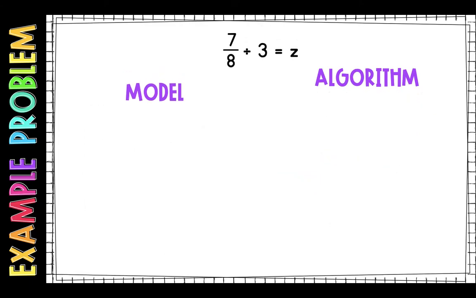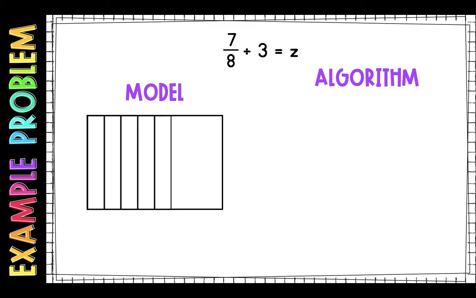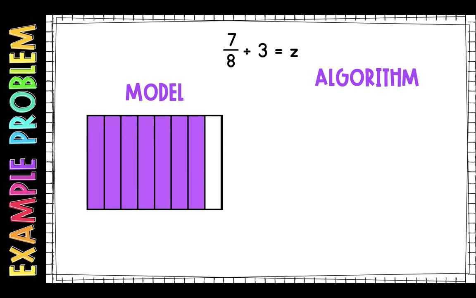This time I have 7/8, and I'm dividing it by 3. So I could draw a model of 7/8 and then split it into 3 groups. Do that horizontally. And then I would just need to figure out my new denominator, which in this case would be 24 because it's an 8 by 3 model.